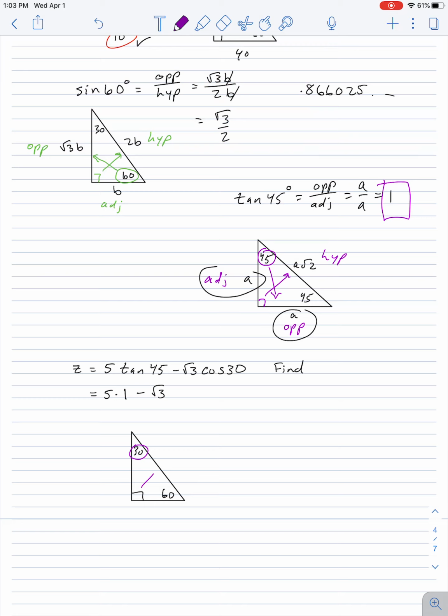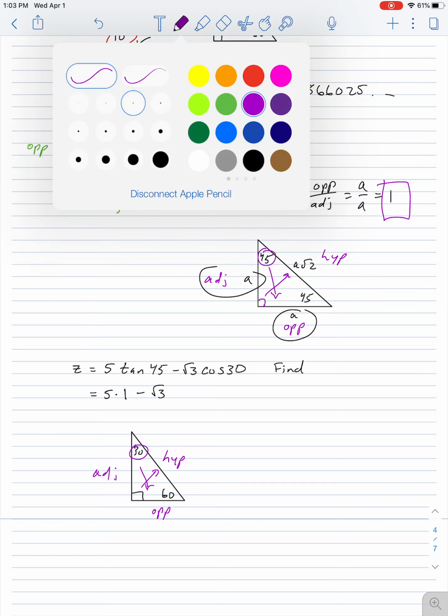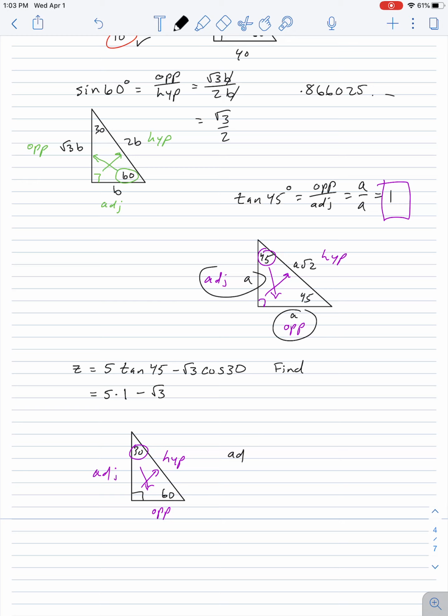So I'm going to go from here. This is hypotenuse, this is opposite, this is adjacent, and cosine is adjacent over hypotenuse. Oops, I didn't label my sides. This is b root 3, and this is 2b. So the adjacent side is b root 3, and the hypotenuse is 2b. The b's cancel, and I get root 3 over 2. So that's what's going to go in here.